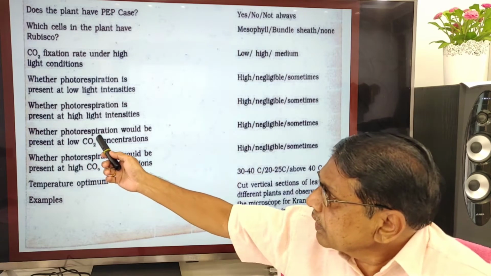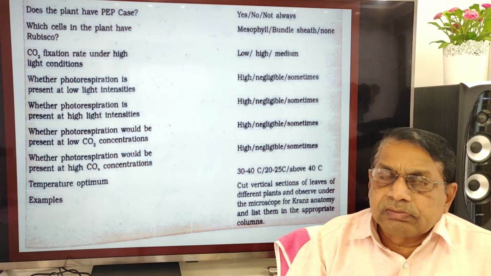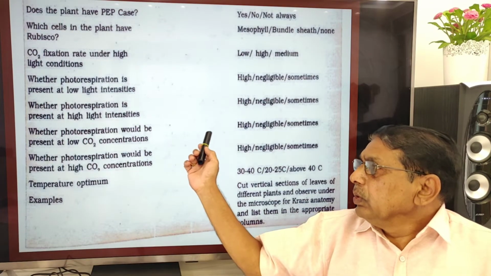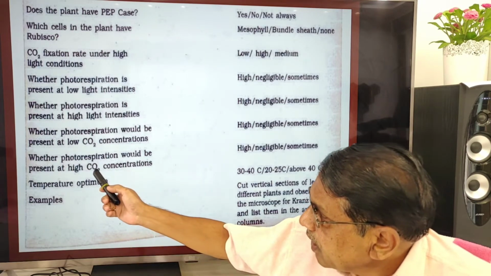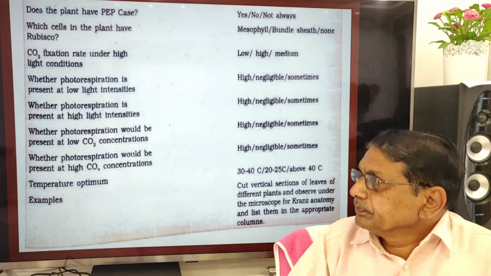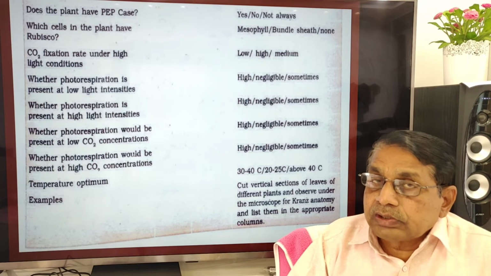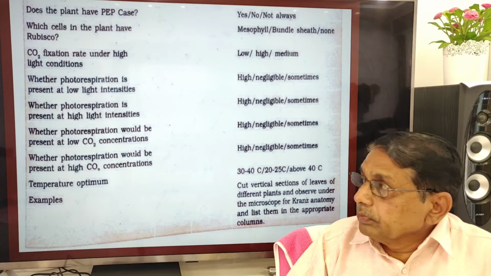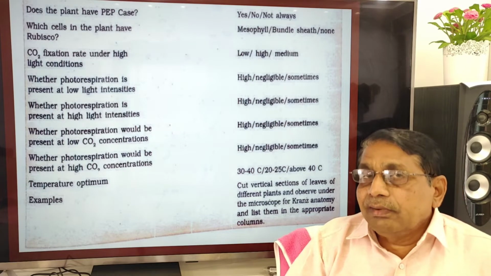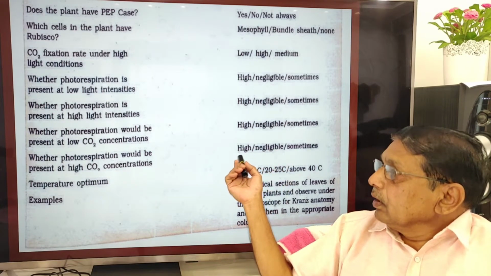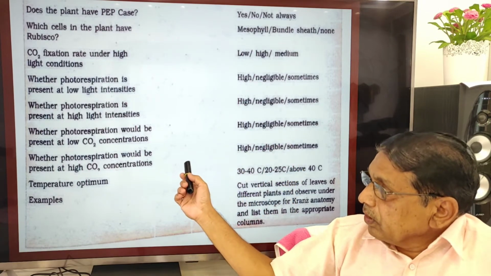Then photorespiration at low carbon dioxide concentration: here you will write no, no. Whether photorespiration would be present at high CO2 concentration, when the carbon dioxide concentration is more, normally the Calvin cycle. Here photorespiration negligible and sometimes absent.